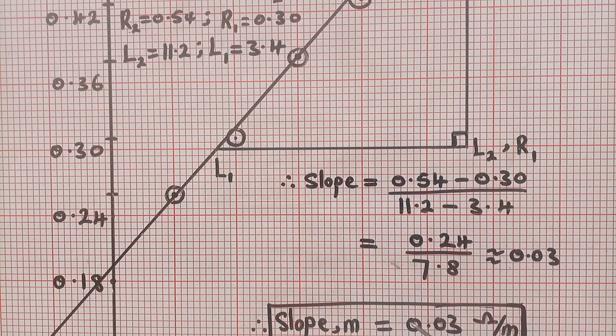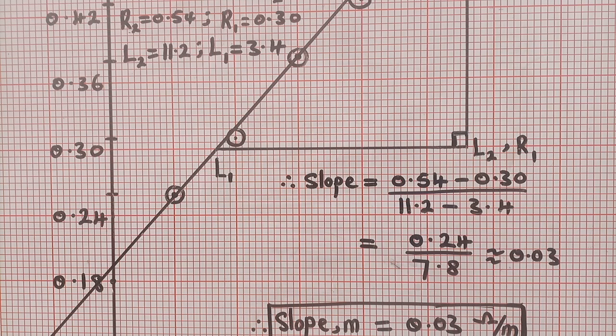What it means is that every 1 meter of that wire offers 0.03 ohm resistance. That is a wonderful way of finding the rate of change between the length and resistance of a given wire. That is not the end.